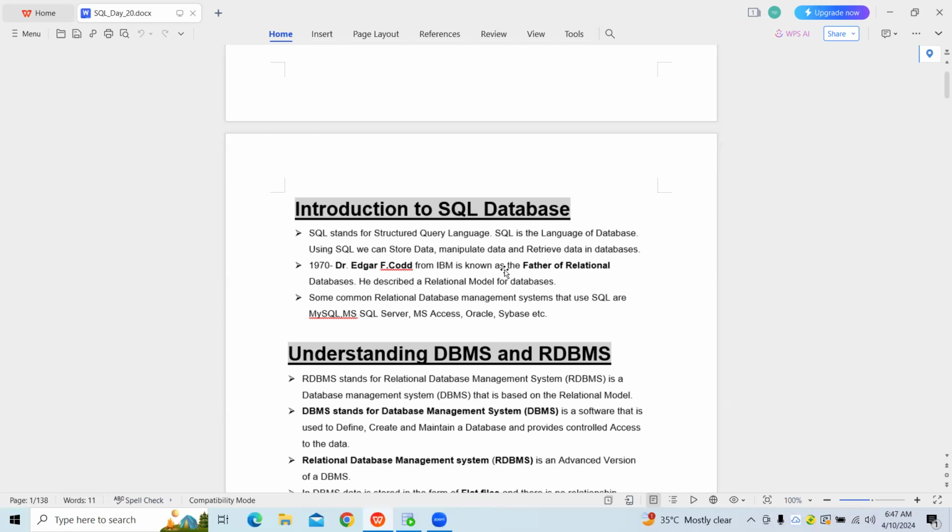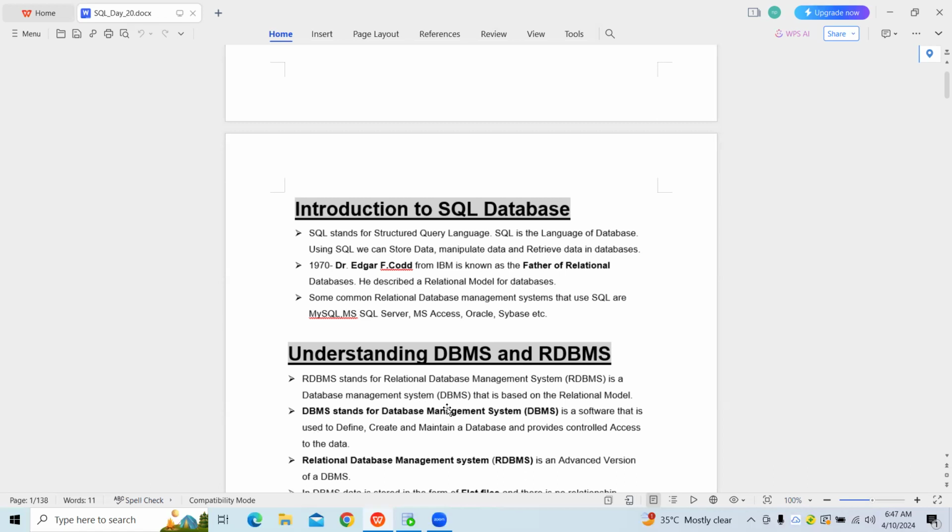To explain a relational database, first we need to understand what database management is. After that, we need to go to relational database management. So we'll understand DBMS and RDBMS. Here, RDBMS stands for Relational Database Management System, and DBMS stands for Database Management System.